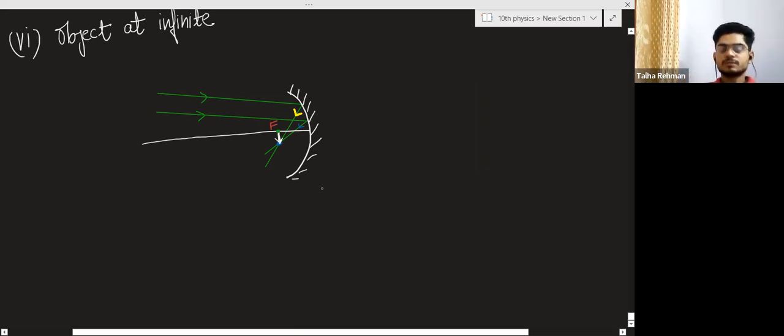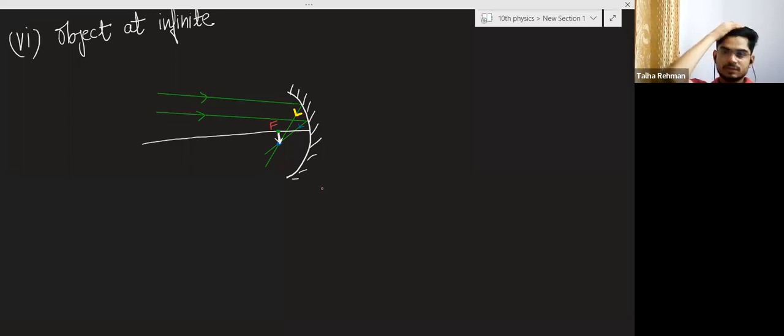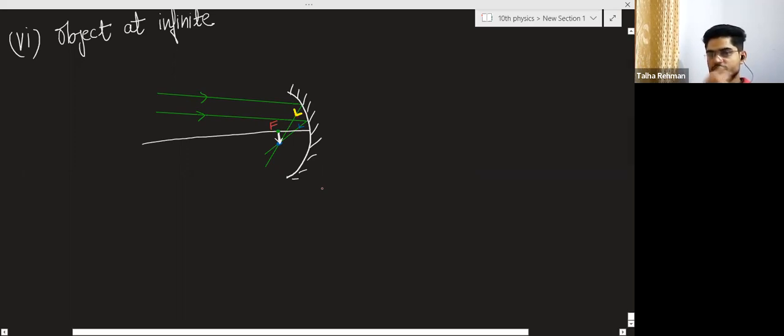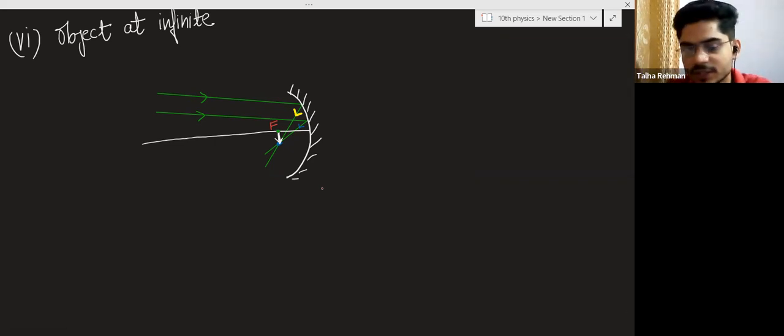So it means the rays parallel to the mirror's axis are meeting at the focal point, or you can say they are actually meeting at the focal plane.